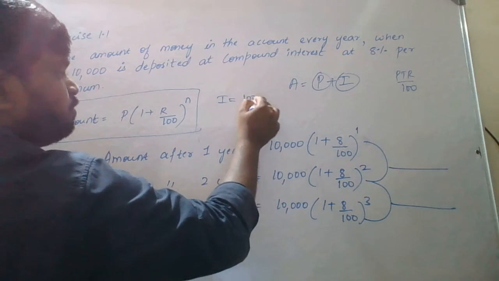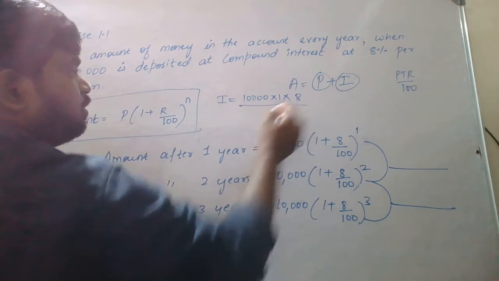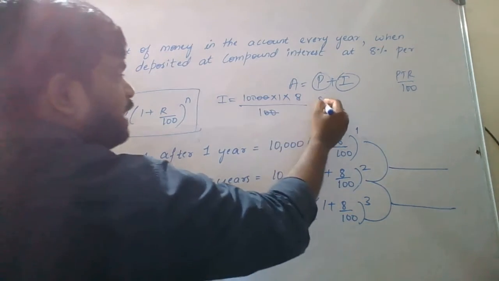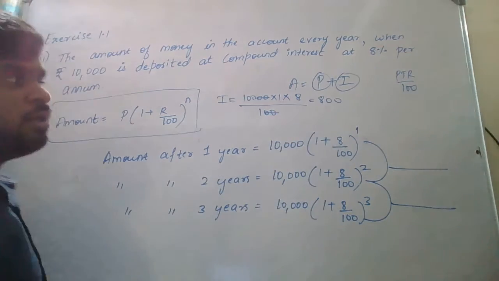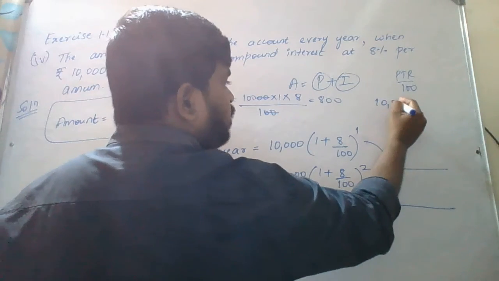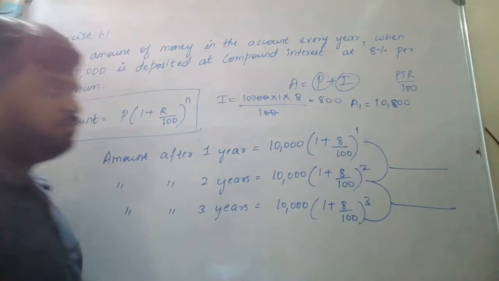P is 10,000, time is 1, rate is 8 divided by 100. So 0 gets cancelled, 8 into 100 is 800. If you add it to the principal, 800 plus 10,000 is 10,800. That is the amount after 1 year.